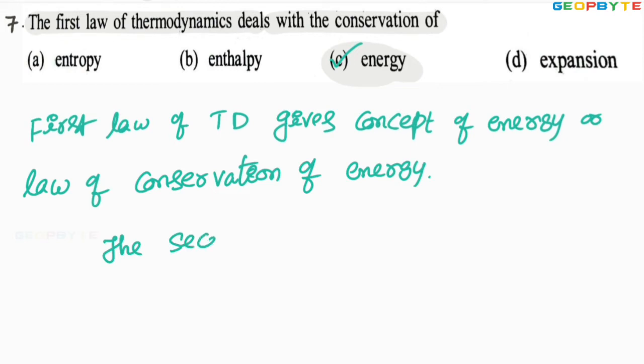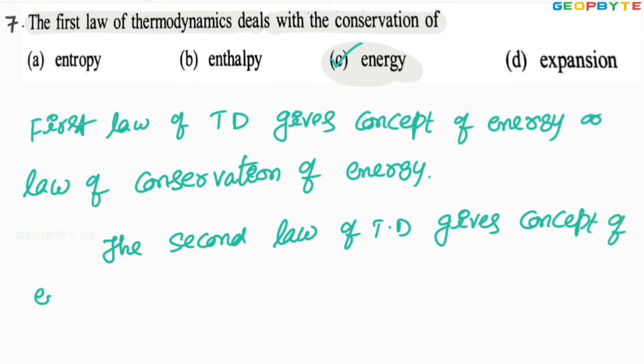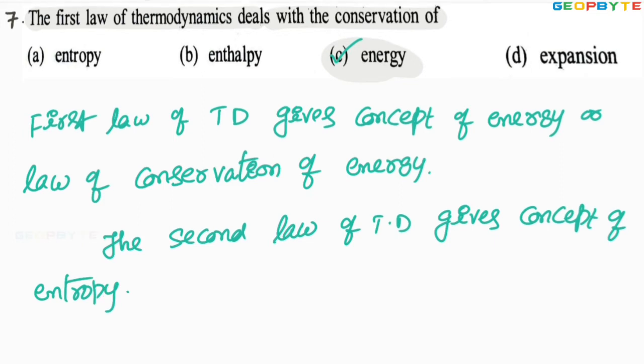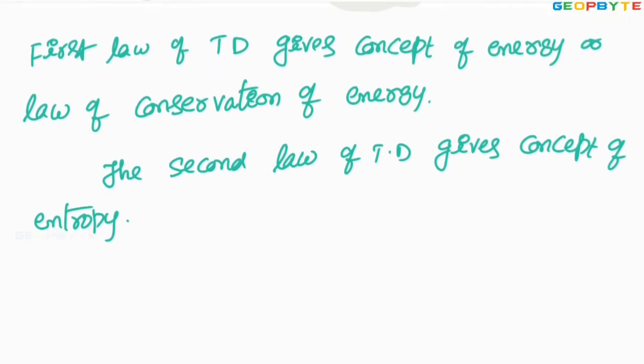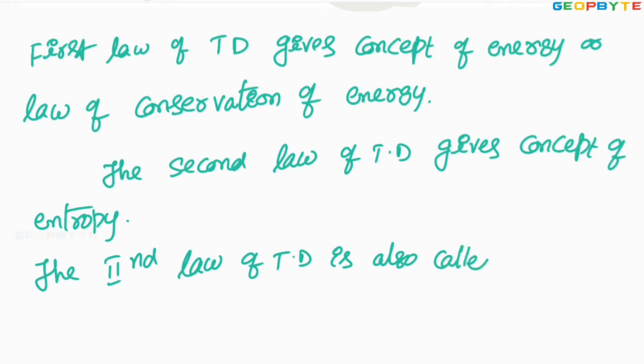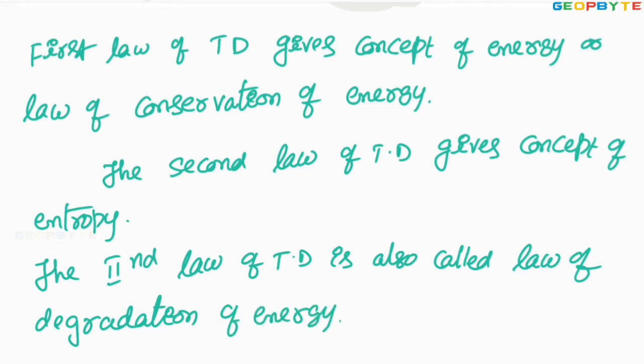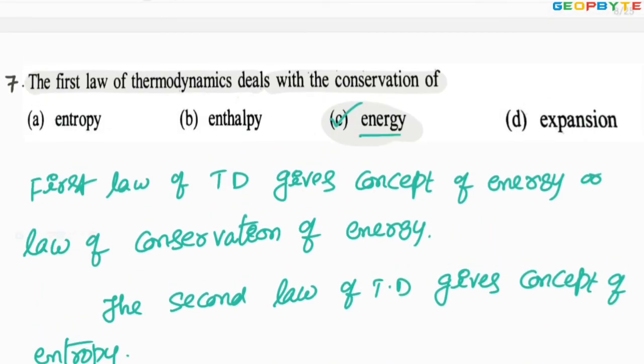So the first law of thermodynamics is talking about the energy, whereas the second law of thermodynamics is talking about the quality of the energy. Anyhow, option C is absolutely correct.